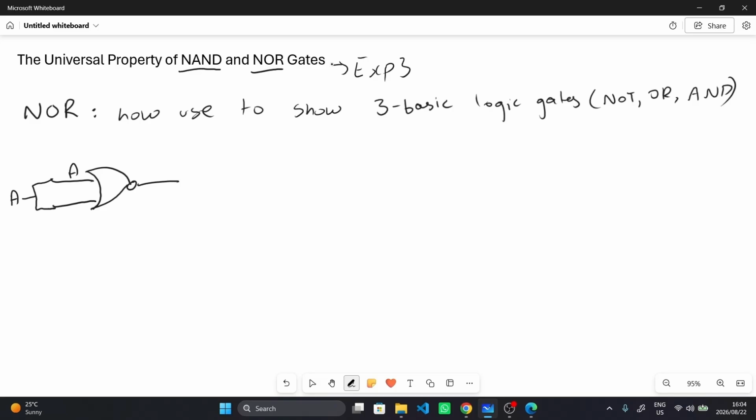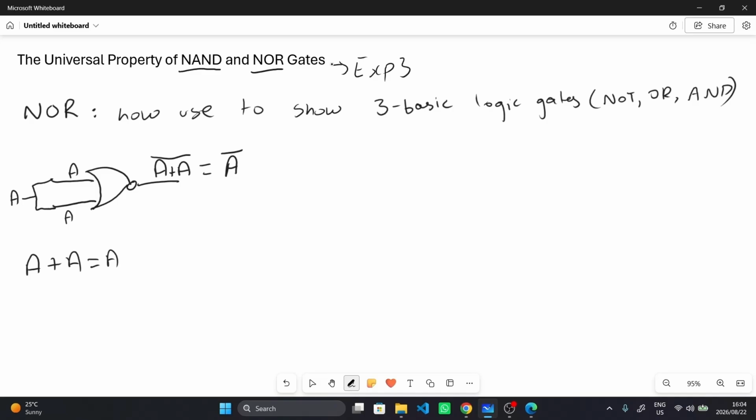So we have A going into both inputs, therefore our output will be A plus A complement. If you remember your Boolean rules, one of them, I'm not sure which one, says A plus A is A, correct? So we can substitute that, so that will be A NOR A, which is A complement.